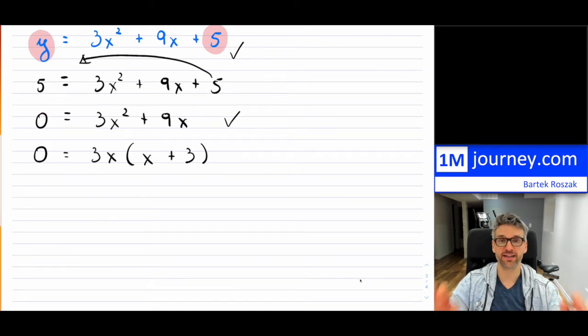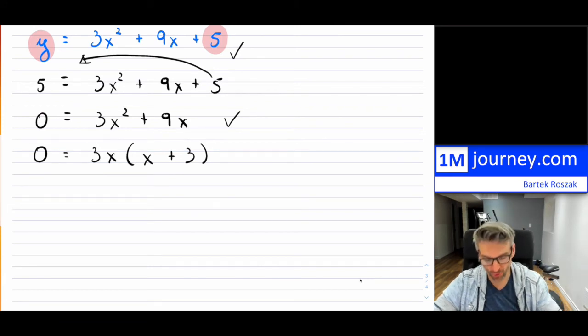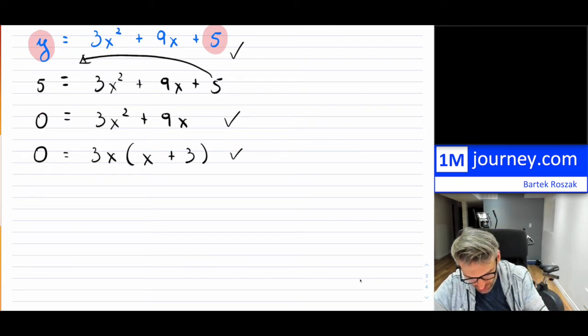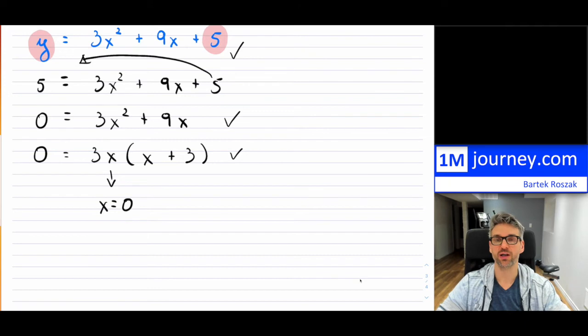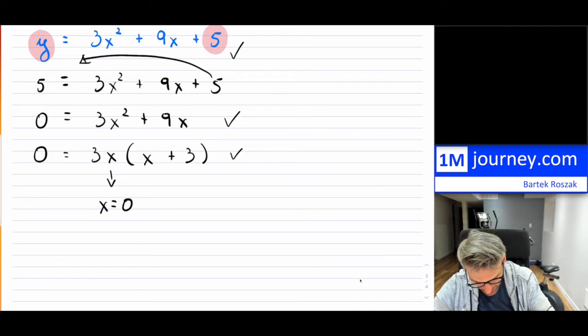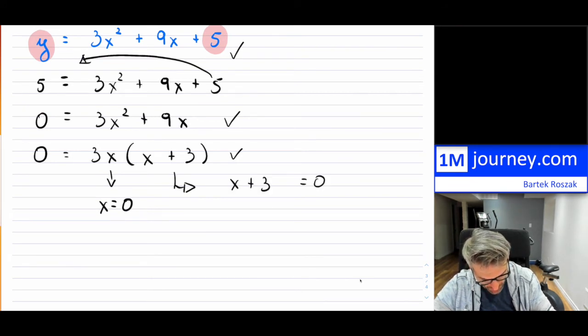It's kind of like the factored form that you utilized for quadratics, except now we've used it for a specific y. And when I do that, notice that I know x equal to 0 is going to make this equation 0. So that is one of the values for x. The other value for x is if I set x plus 3 equal to 0, which means x is equal to negative 3.